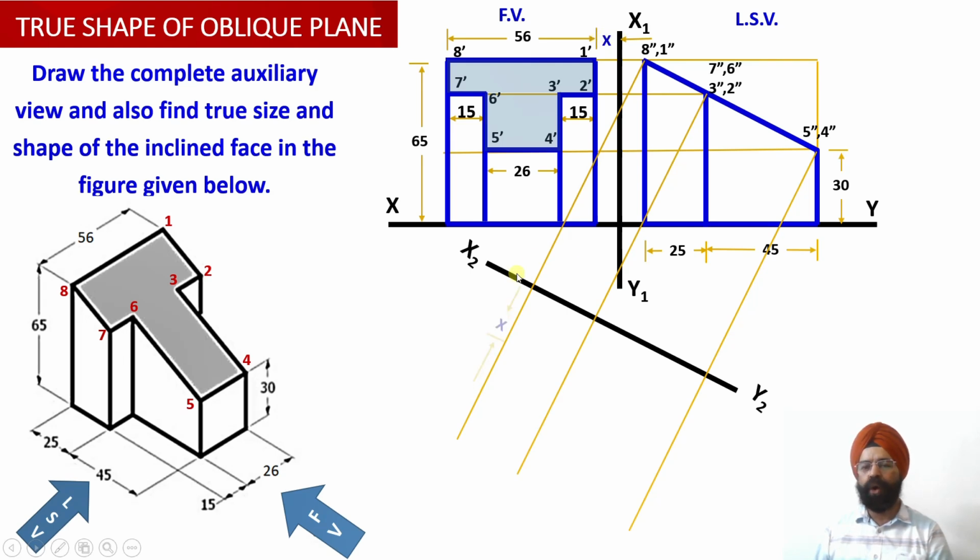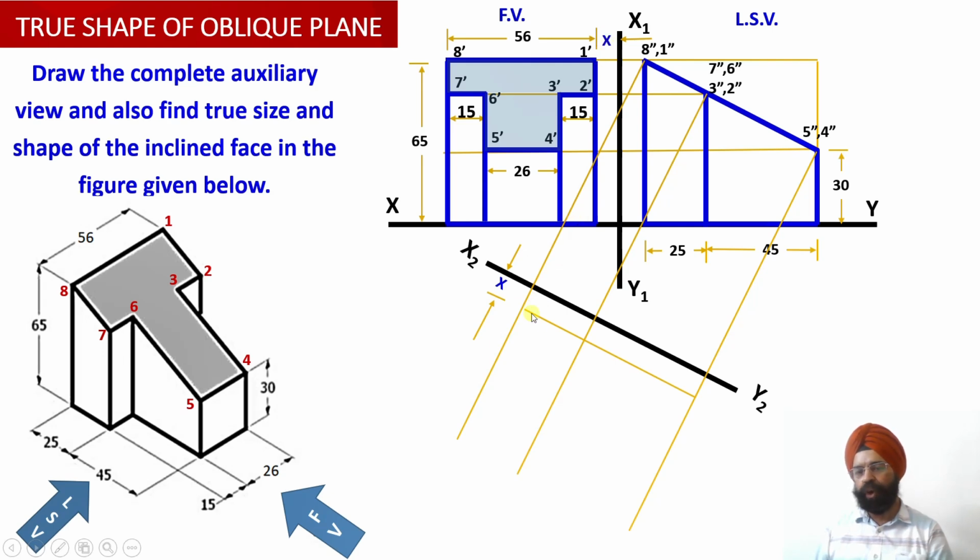So this distance now I am going to plot ahead of the plane x2, y2. Having marked this distance, I will draw a projector line over here which will be parallel to the plane x2, y2. The reason is that this edge is parallel to the plane x1, y1, and points 1' and 2' lie at an equal distance from the profile plane, that is distance x.